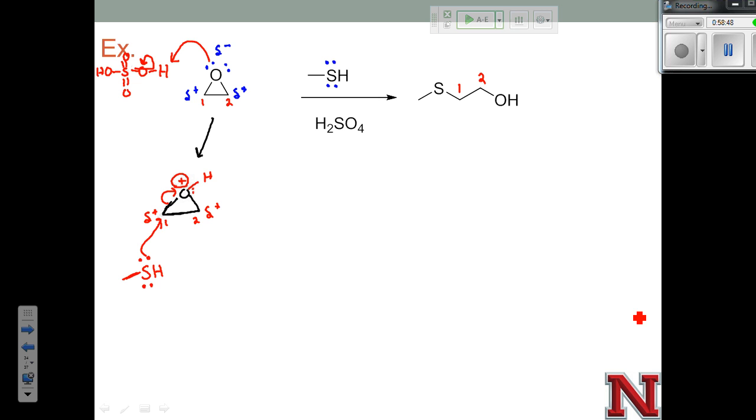Why not break the bond between carbon 1 and carbon 2? Carbon's not a good leaving group. So that opens up the ring, but we're not done with the mechanism, because that leaves a positive on our thiol.